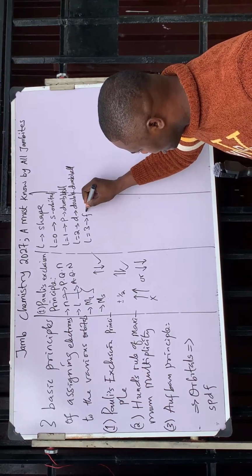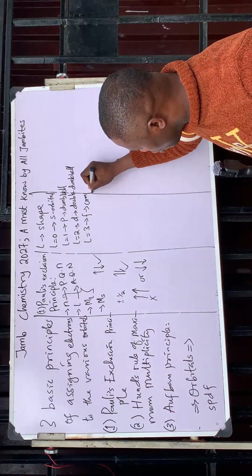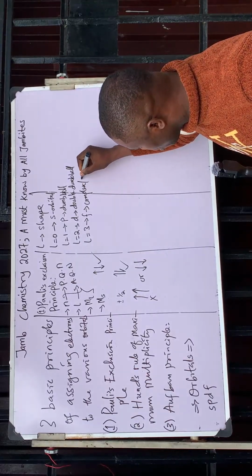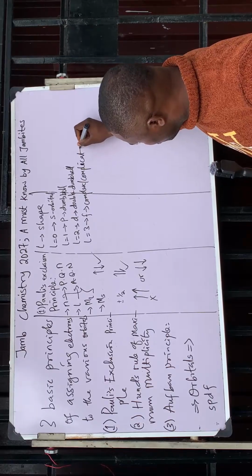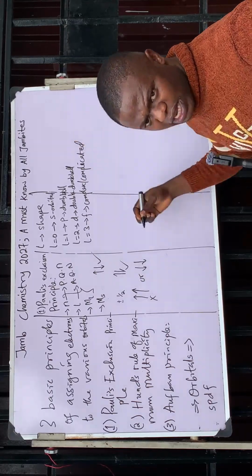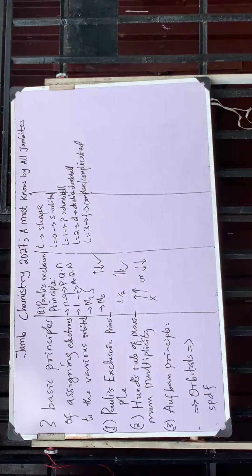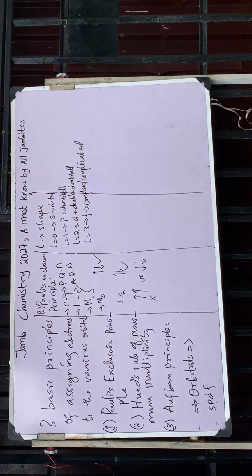As for this, that is the f orbital, which is complicated in shape, meaning it does not conform to a given geometry or geometric shape. Take note of that.